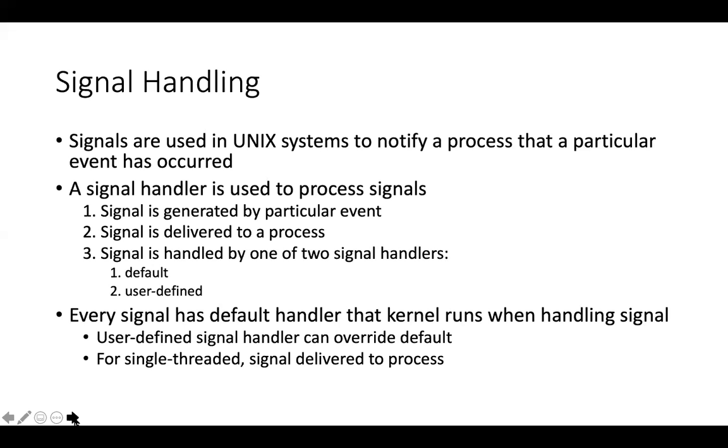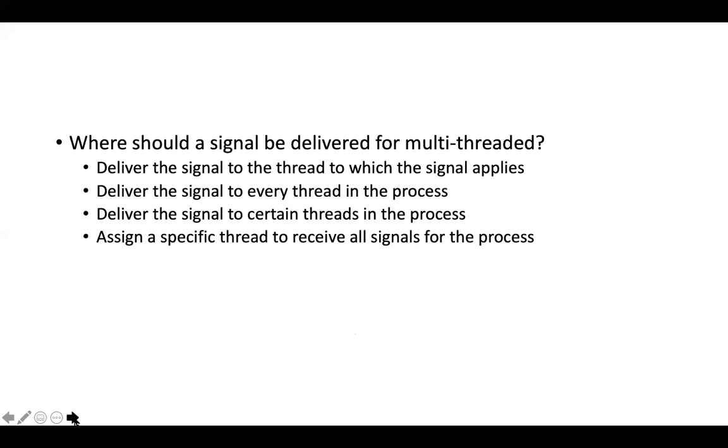So here, in a single threaded arrangement, you have the signal delivered to the process. And so the question arises, where should the signal be delivered in the case of multiple threads?